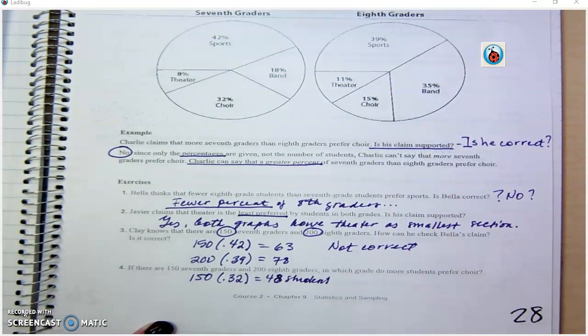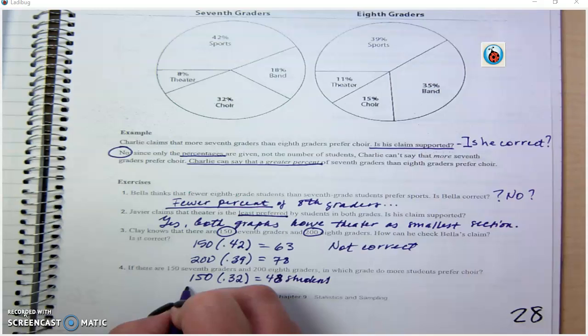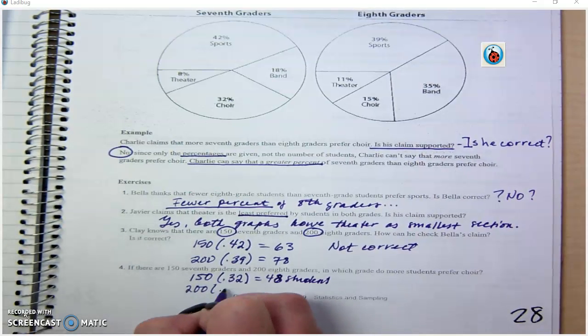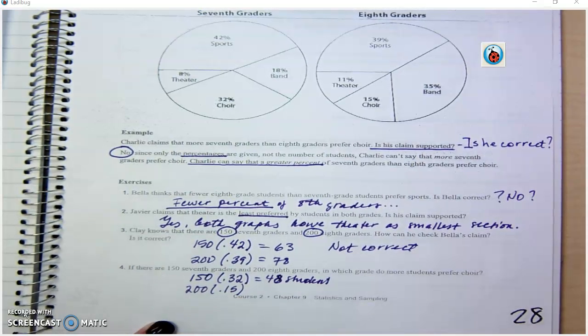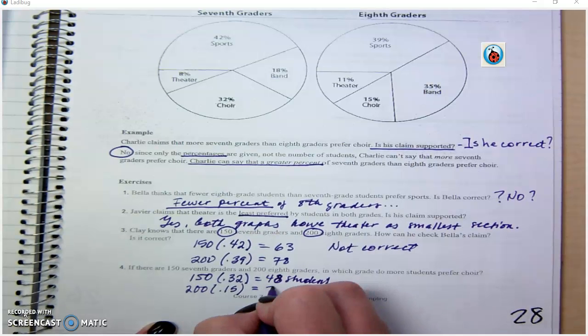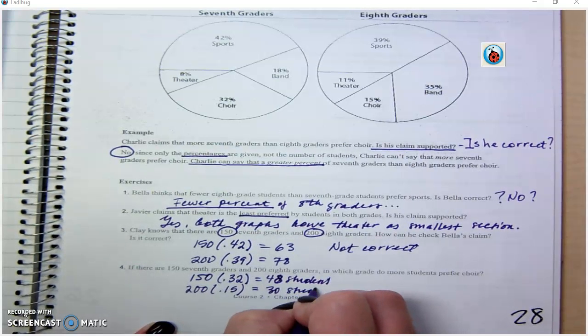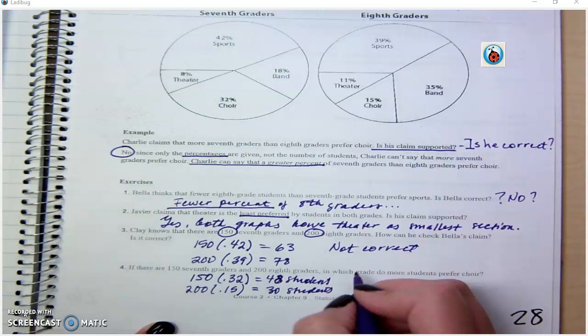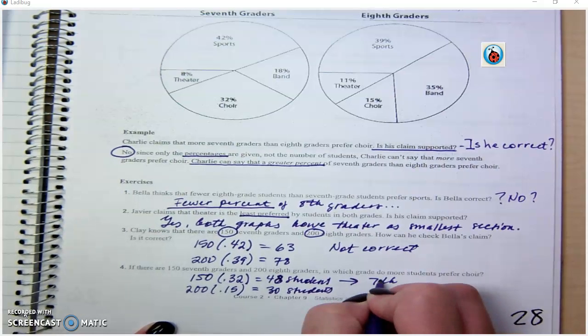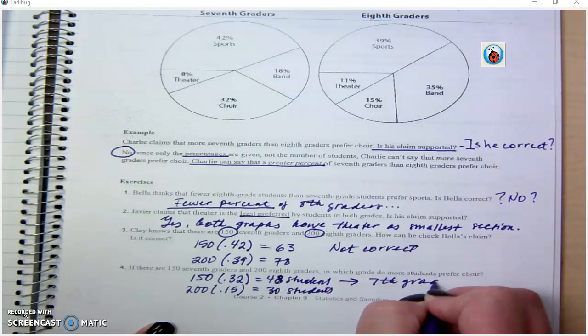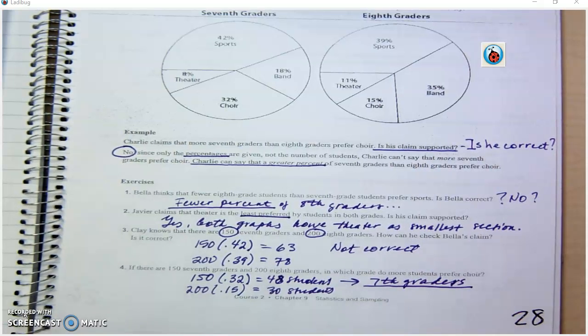And then for 8th graders, we have 200, and we have only 15% there. That will give us 30 students. So definitely 7th graders prefer choir more than 8th graders.